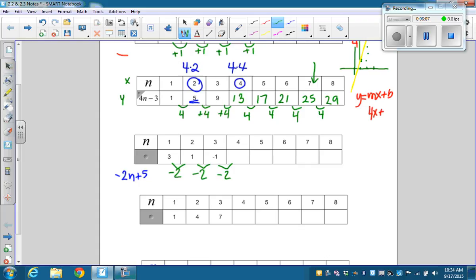Anytime the number is the same, you have what we would call a linear pattern. Up here, just to tie this in, we had to go up 4, and that 4 tied into the equation. Did you see that? So the negative 2 here is going to be the first part of the equation. Then you're going to test it.